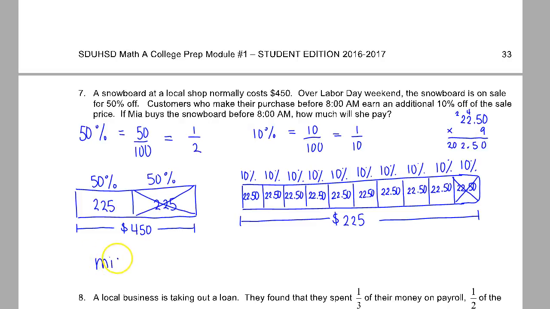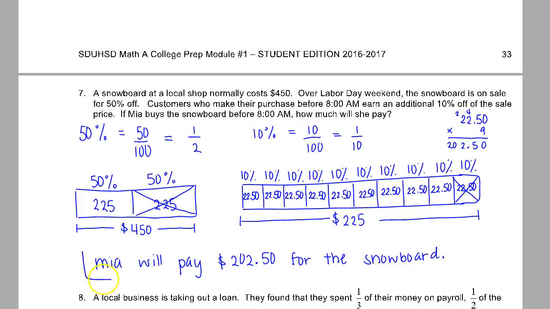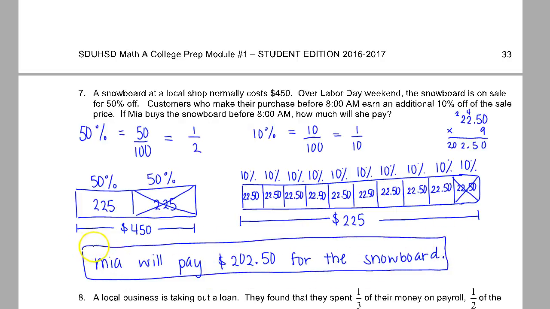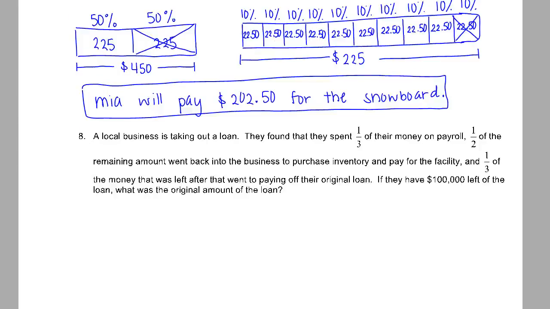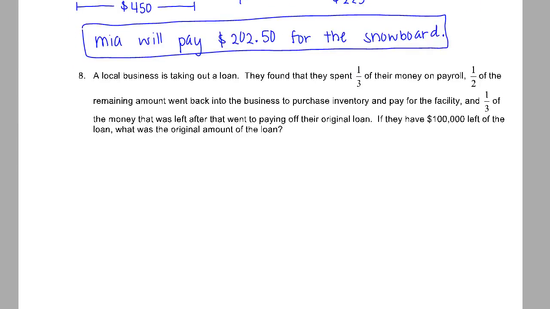So we'll say that Mia will pay $202.50 for the snowboard. And that reflects the 50% off for the Labor Day sale and the additional 10% off because she purchased it before 8 a.m.